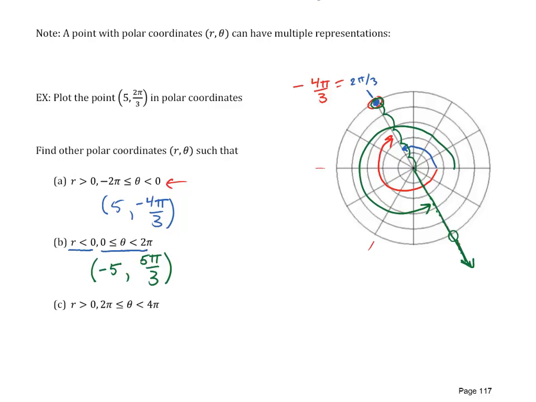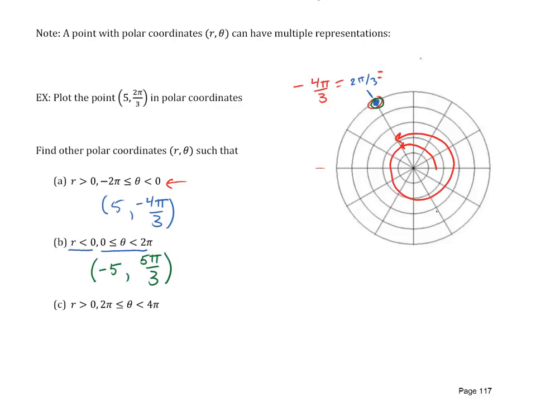Now, of course, the last and most obvious thing you could do is multiple rotations. So, for example, let me erase what I've drawn on this graph here. Instead of going around once to that point, what if I went around a completely separate time?